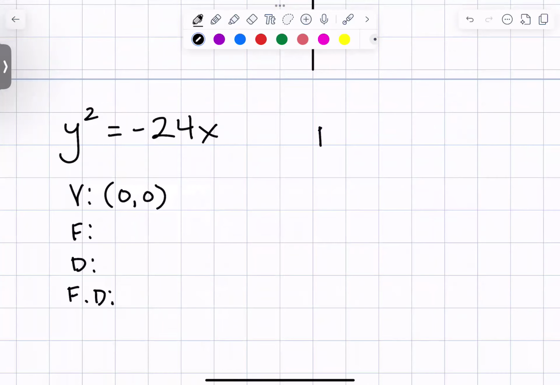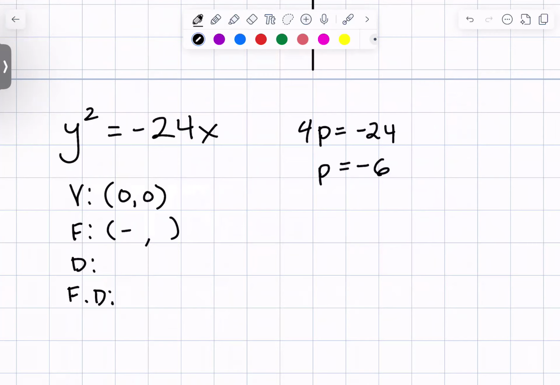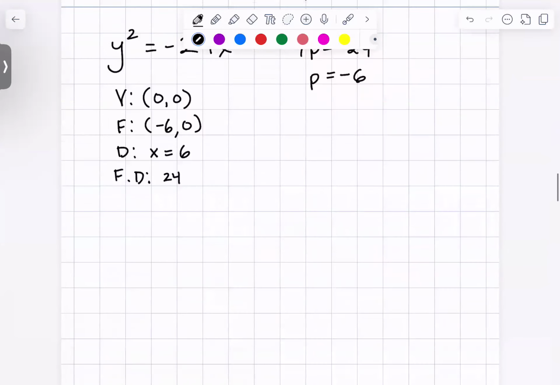My p-value is going to be, 4p equals -24, so p is -6. So my focus, -6, 0. My directrix, x equals +6. Right? My focal diameter is 24. Okay, because it's always going to be the absolute value of that.